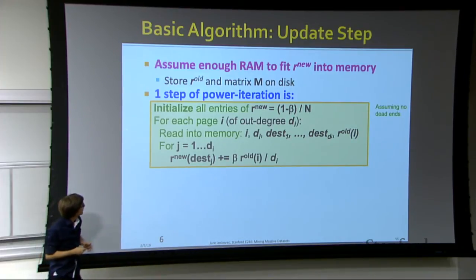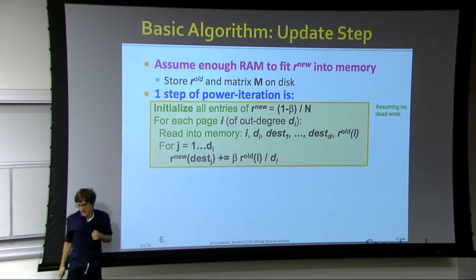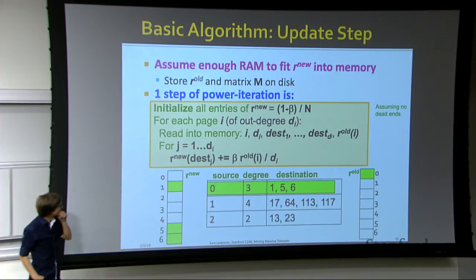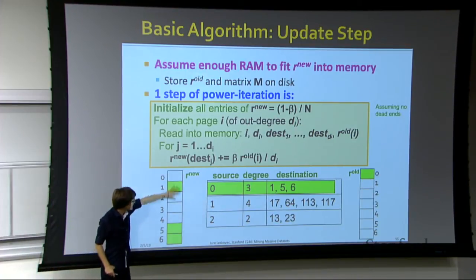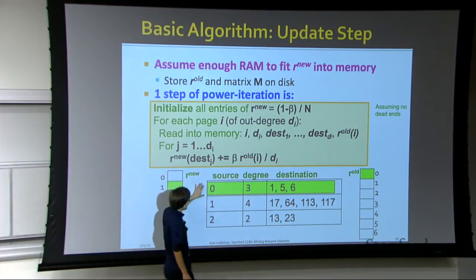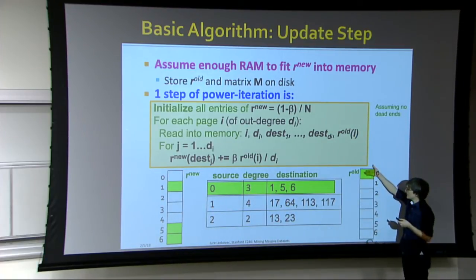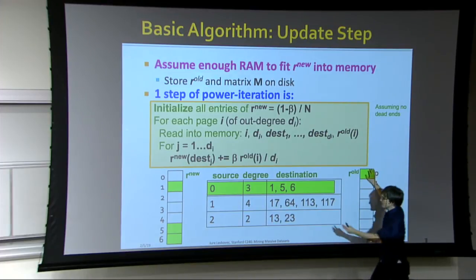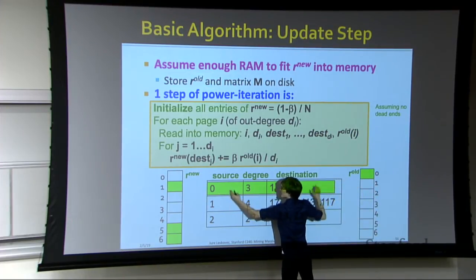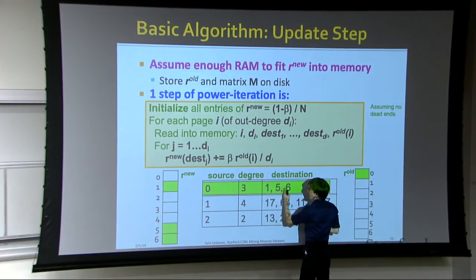So I read one line from the disk, this entry 0, and this says that the node with degree 3 gives importance to 3 nodes, 1, 5, and 6.